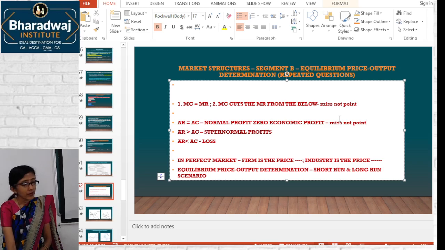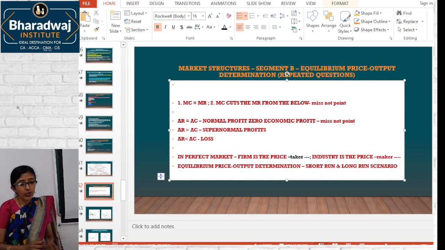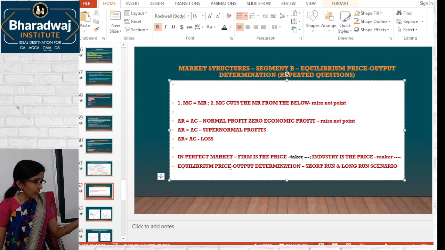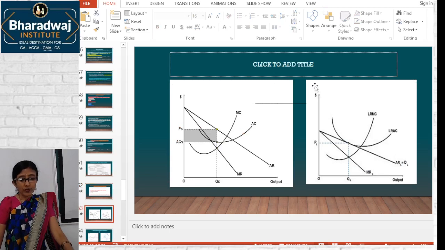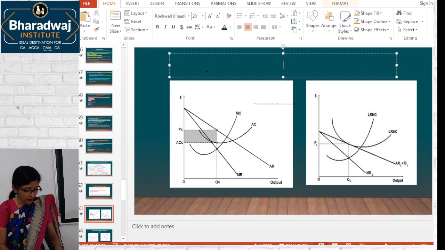Firm is a price taker, industry is a price maker. Study the equilibrium diagrams, short run and long run. So now what you're going to do is look at this chart and answer two questions.